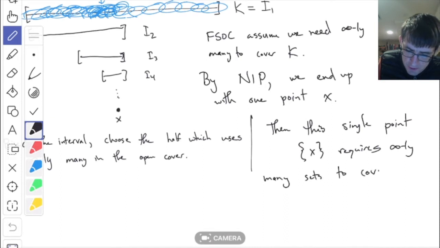And this is a contradiction because a single point does not require infinitely many sets to cover. It only requires one set, right? There's no way that a single point can require an infinite cover, it can just be covered by a single set. And so this single point x requires infinitely many sets to cover, and this is a contradiction.